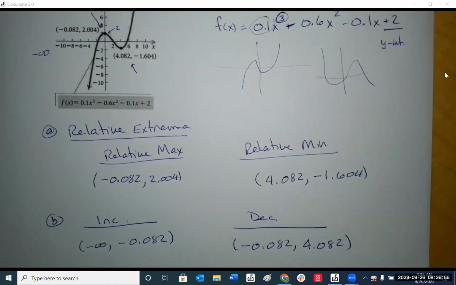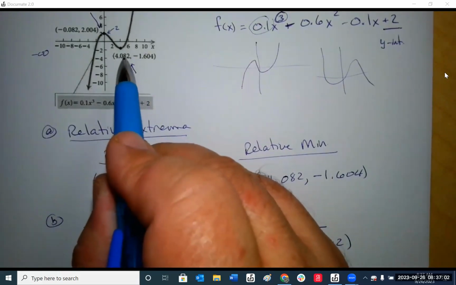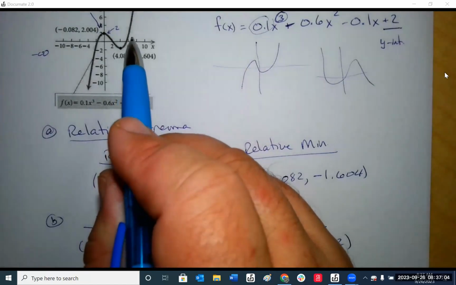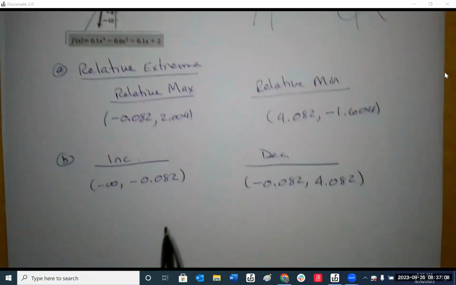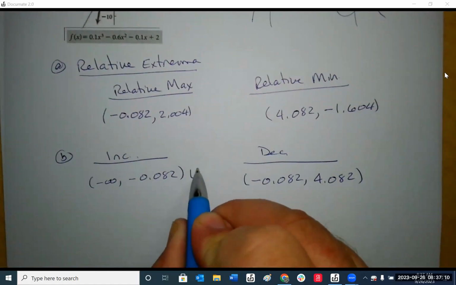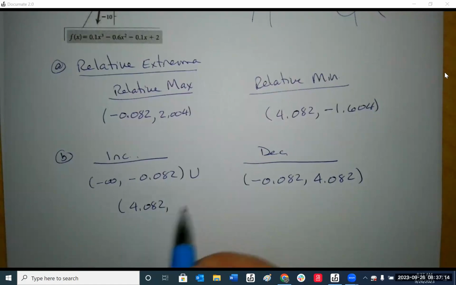Remember, you only record the domain, the x values. Then at 4.082, it starts doing what again? Going up. So it's increasing. So we put a union, and it goes up from 4.082 to infinity.